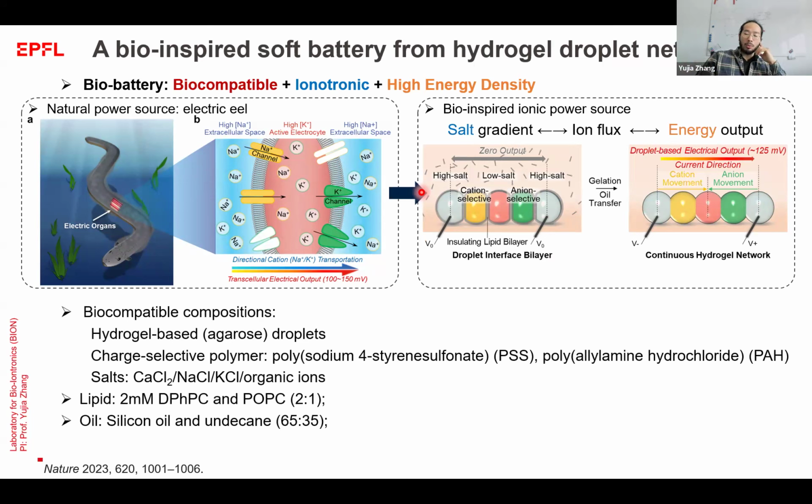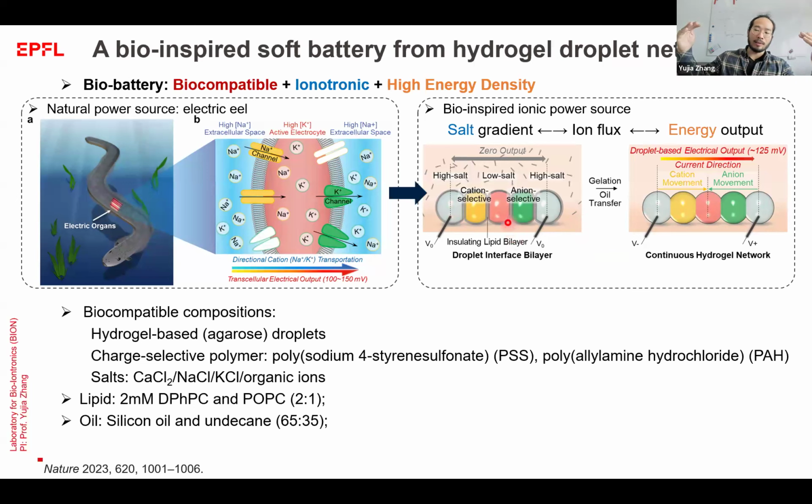The way we did it was just by depositing droplets, as I mentioned in my last couple of slides, and it is very simple. We deposit five droplets for one salt gradient battery. On the two ends, we have two droplets with high salt concentration, and in the middle, we have a droplet with low salt concentration.